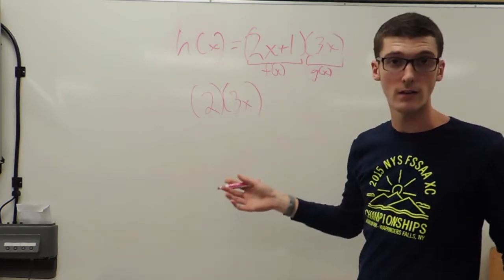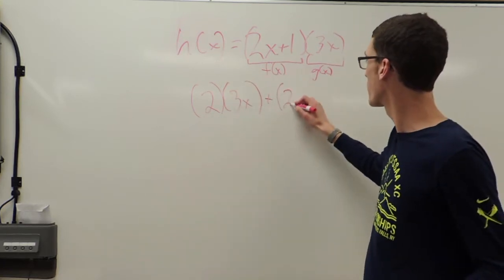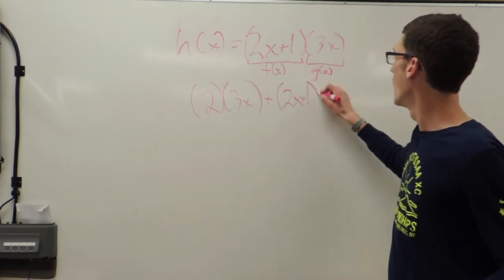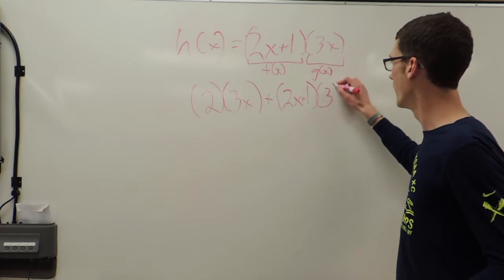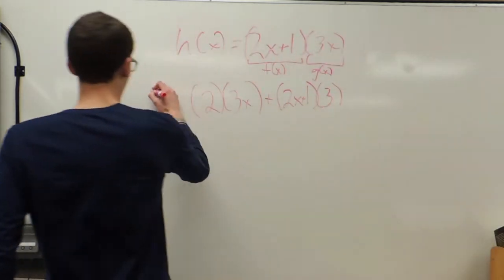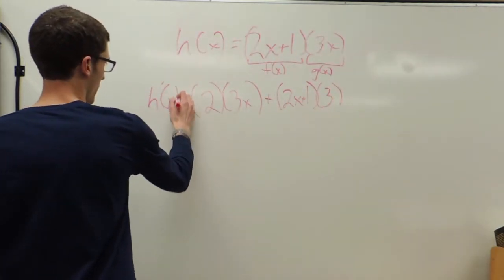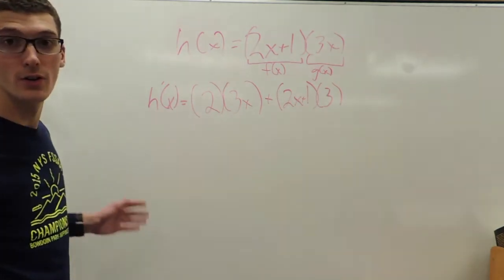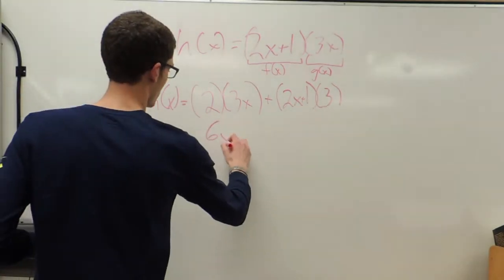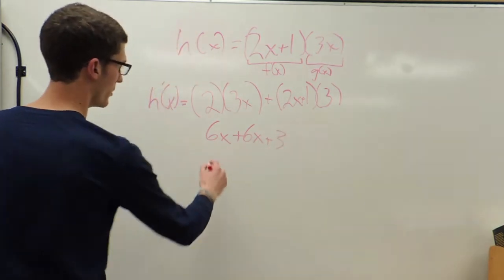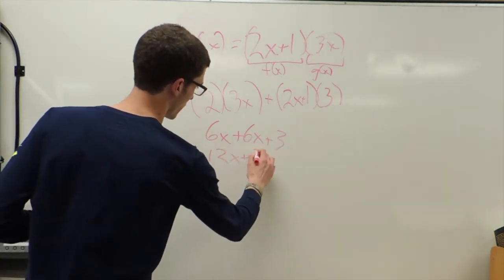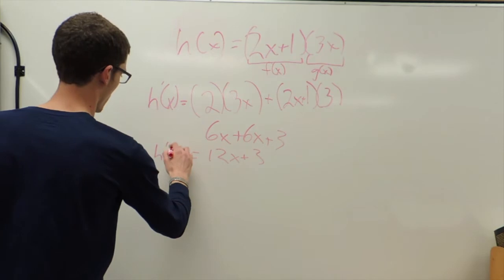And then you add f of x and multiply by the derivative of g of x, which is just 3. So that's h prime of x equals that. And then from there, you can simplify. You have 6x plus 6x plus 3. And from there you have 12x plus 3 equals h prime of x.